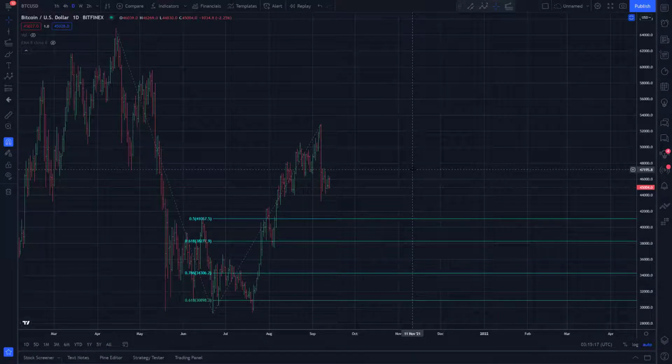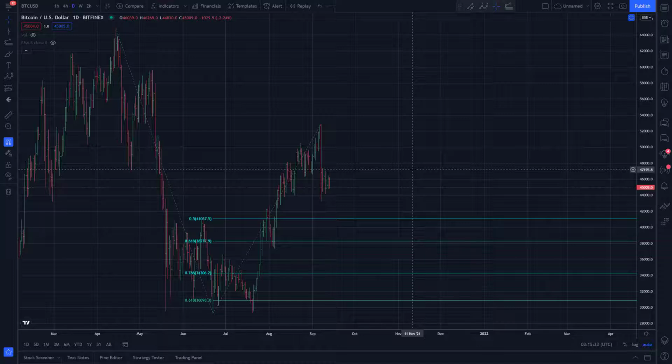So there's that scenario, or there's that initial scenario, which I'm still more heavily favoring, and that's where we get closer to that 20,000 mark in just a simple 5-3-5 ABC zigzag into roughly the end of the year. So that's what I'm looking at here.